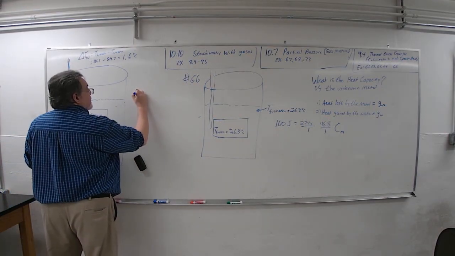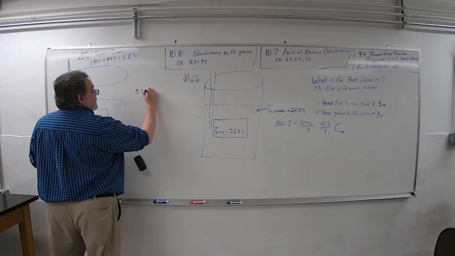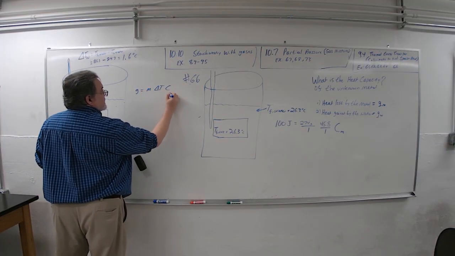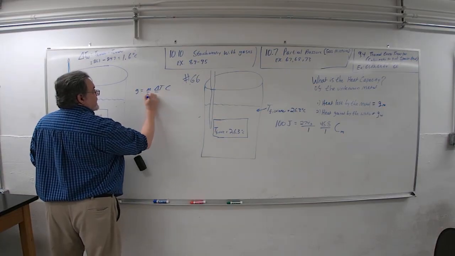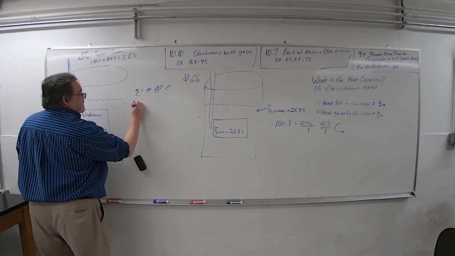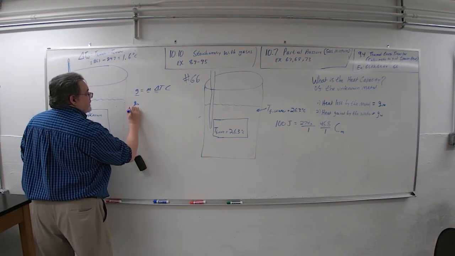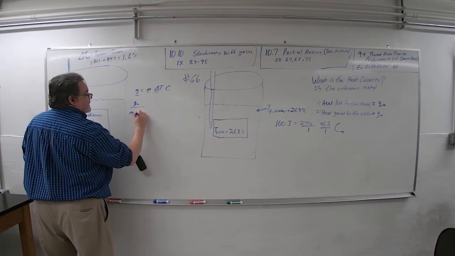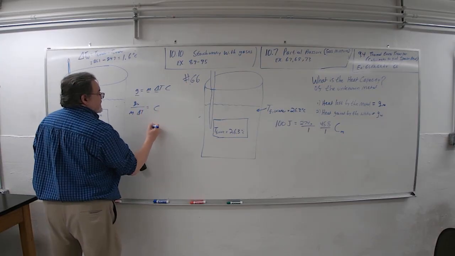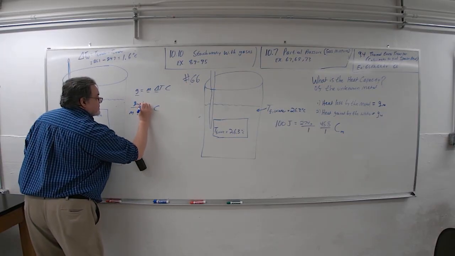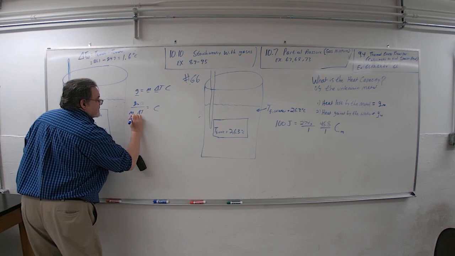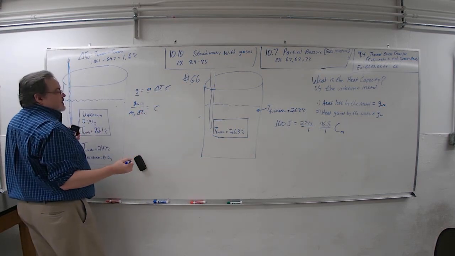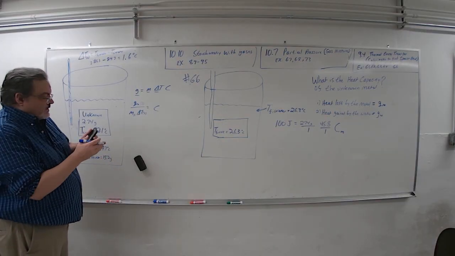We've got the Q, we've got mass, we've got delta T, and we've got the heat capacity. So I'm going to put the Q for the metal and divide both sides by M, divide both sides by delta T, and that gives me the heat capacity. The Q is in joules, the mass is in grams, and the delta T is degrees C, which are the units of heat capacity.